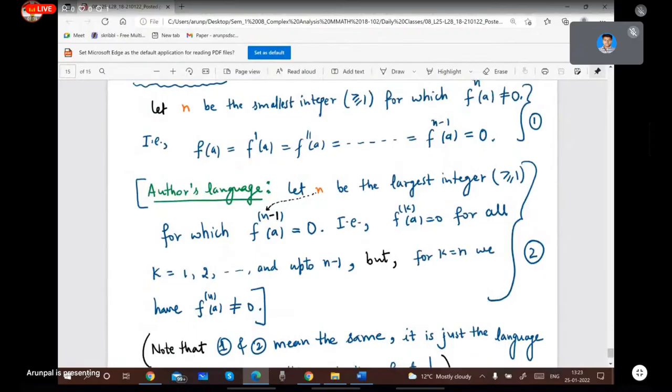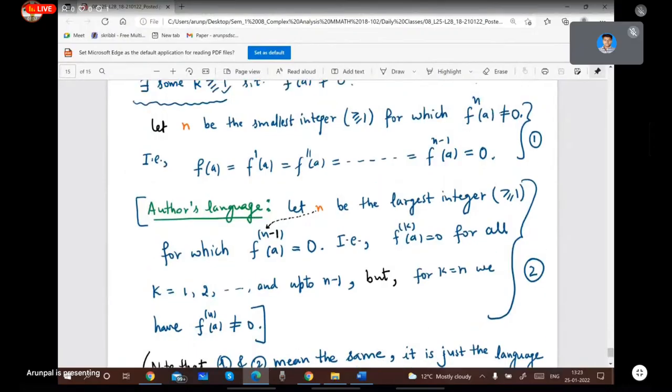It depends upon how you take it. If you focus at this n, then this is the smallest, and if you focus at n so that derivatives up to order n minus 1 are 0, then you can say that such n is largest.